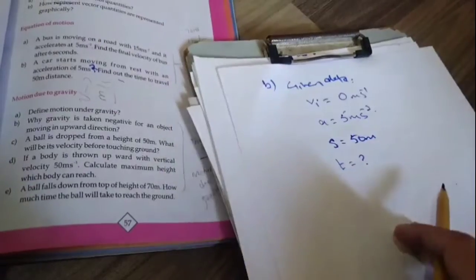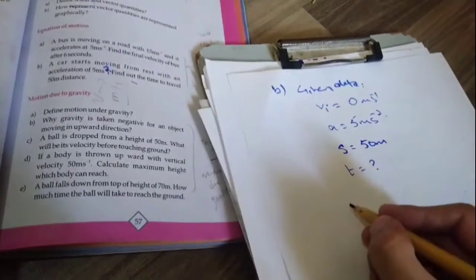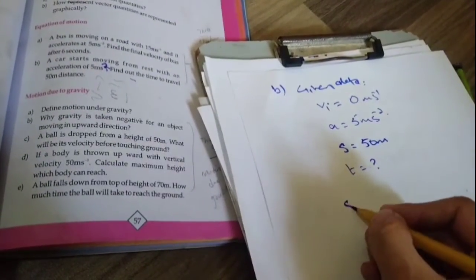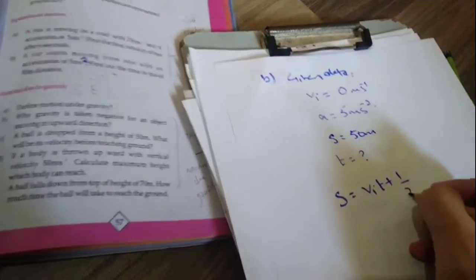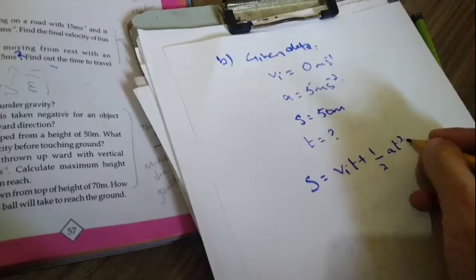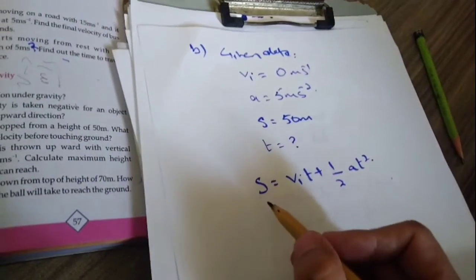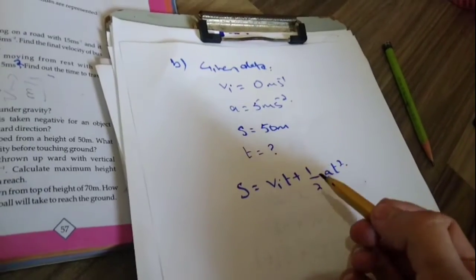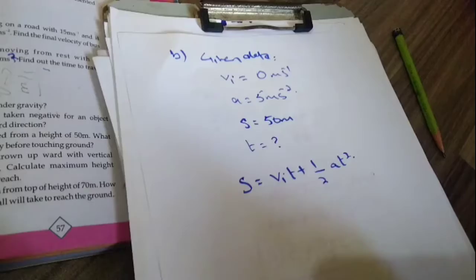So first I will look at what formula is going to fit in this situation. So we have an equation of motion that is s is equal to vit plus half a t square. Here s is distance, which is given, and in this problem set we have to find time.